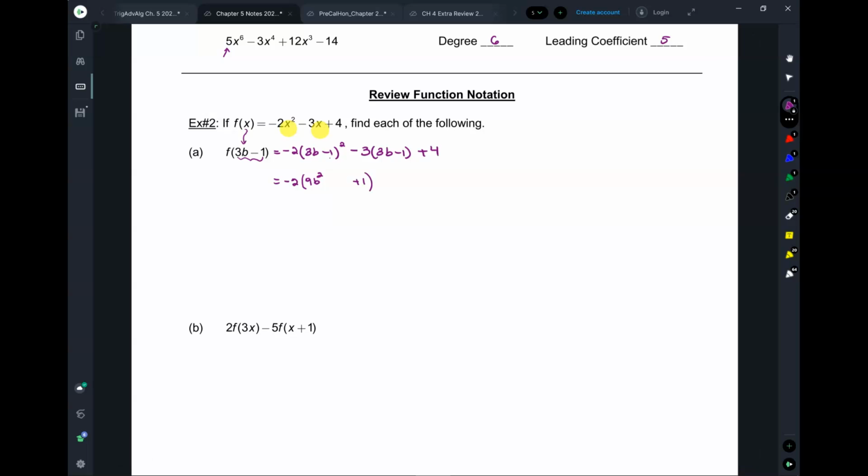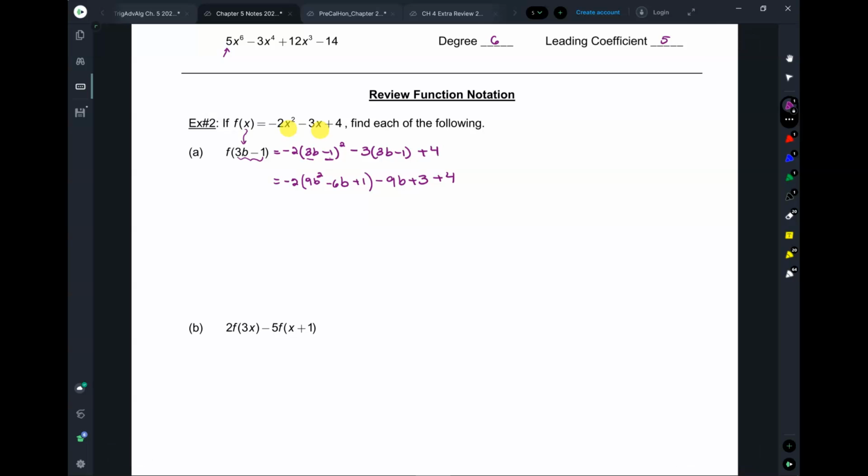The middle term has to be the exponent 2 times negative 1 times 3b, so negative 6b. I know you can just write 3b minus 1, 3b minus 1, I mean, multiply it out. I know you can do that, but I need you to be much quicker with this, right? Because that's what we do in honors. And then distributing this, minus 9b plus 3 plus 4.